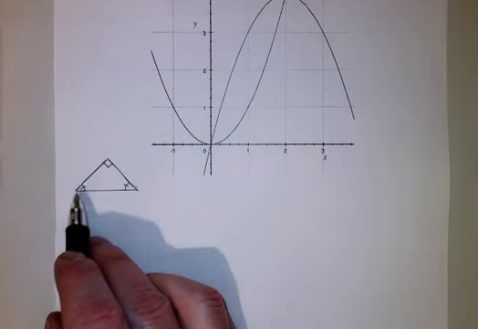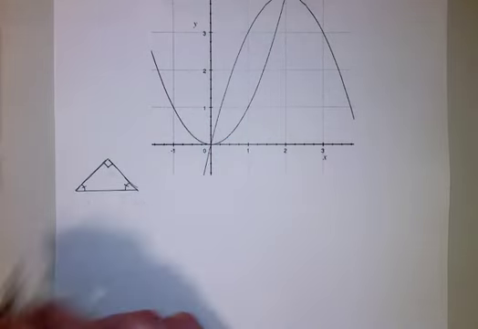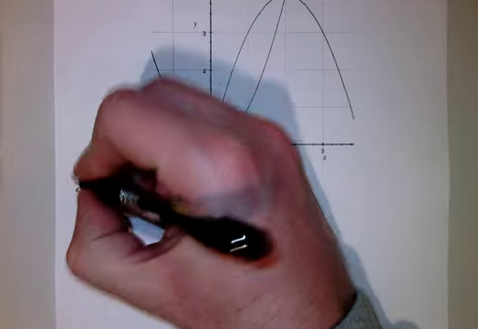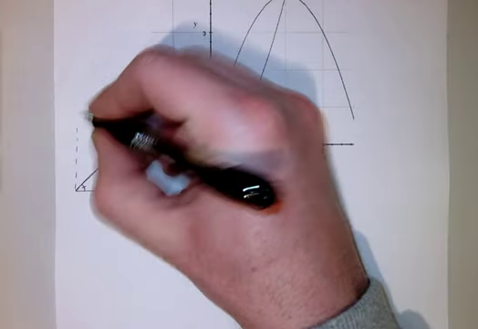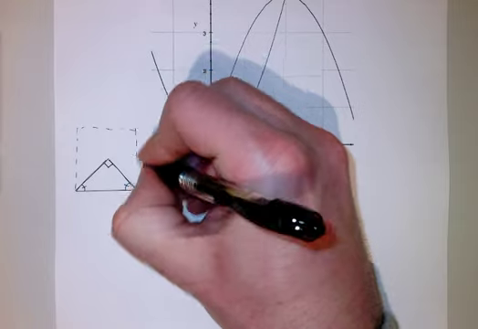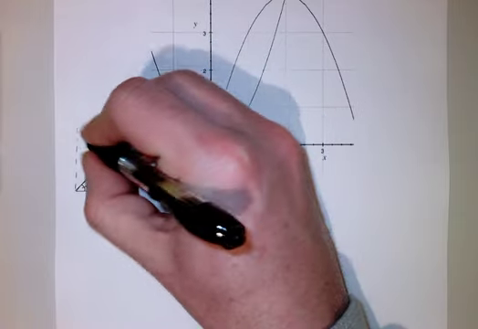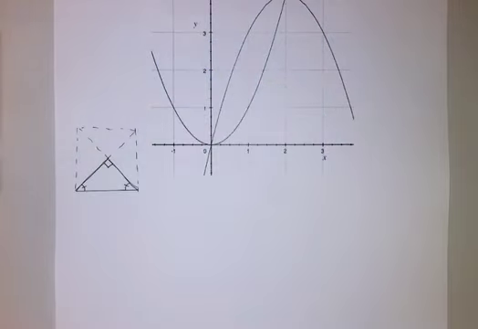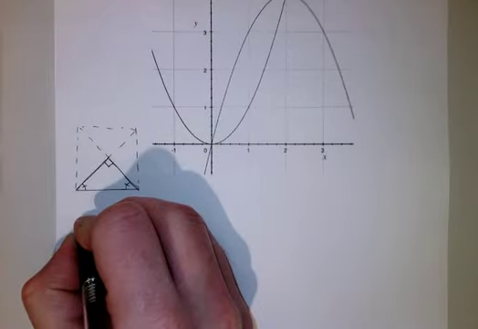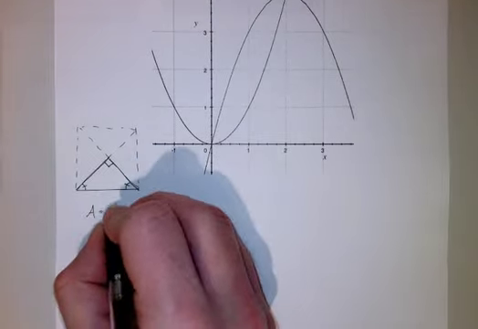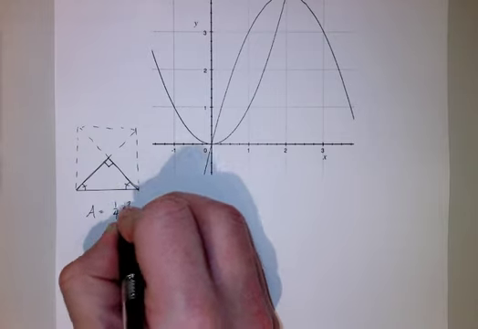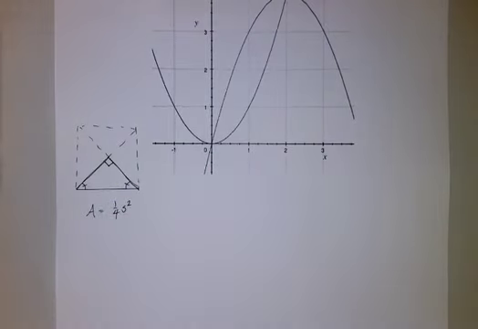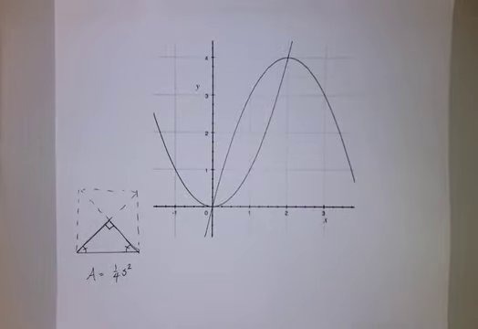I know it's a 45, 45, 90 right triangle. But I also happen to know that an isosceles right triangle just happens to be a quarter of a square. So my area here is 1/4 s squared. Now I just have to figure out what my s squared is.